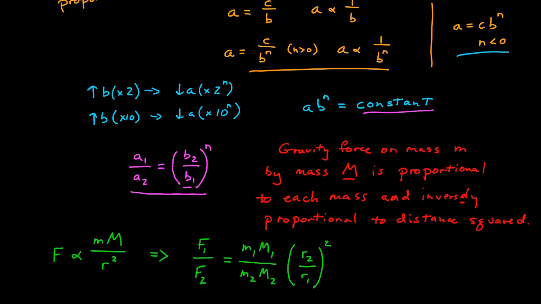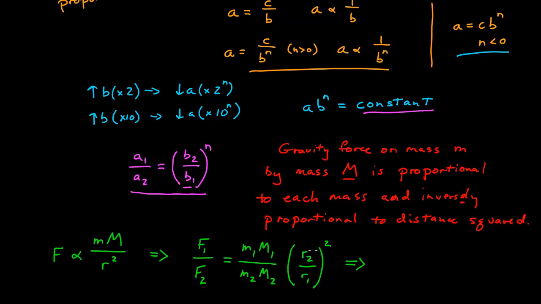And so I'm using our laws for the ratios of proportional as well as inversely proportional. Now if I have the same system, so the masses are the same, but I've simply increased the distance between them by a factor of 2, that means the ratio R2 over R1 is equal to 2.